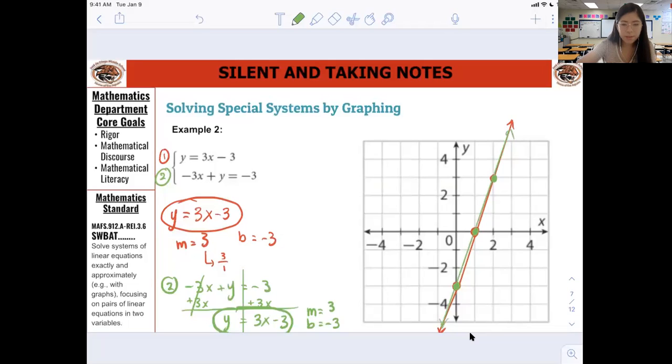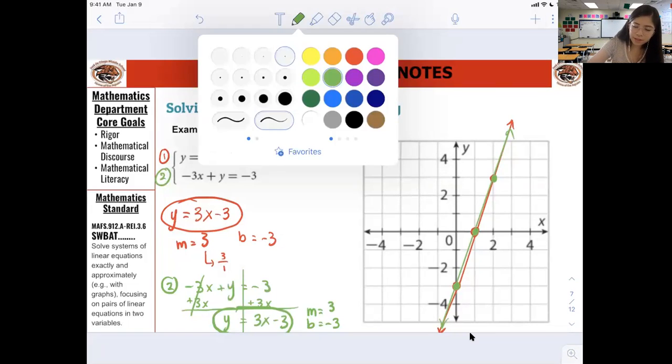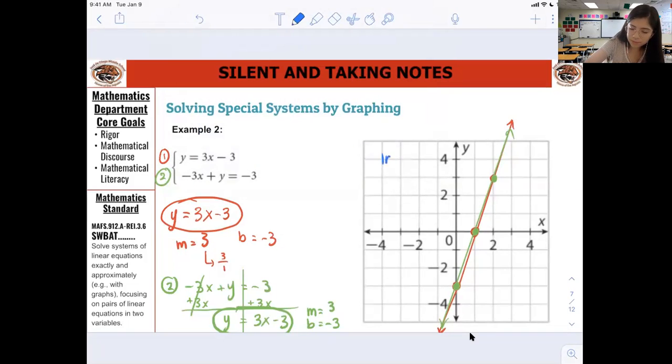It's a little messy, but basically they're one on top of the other. So we have infinite solutions. That's how we figure it out: if they have the same slope and the same y-intercept, you have infinite solutions.